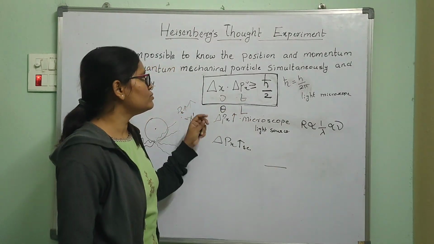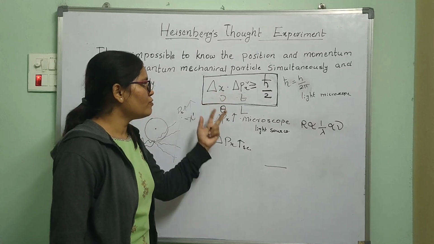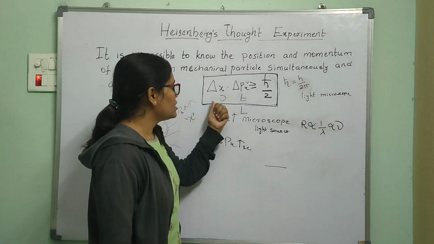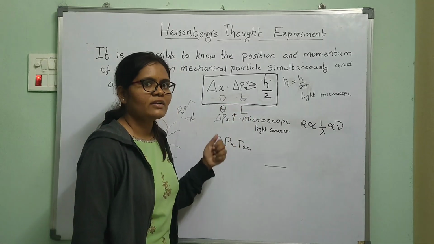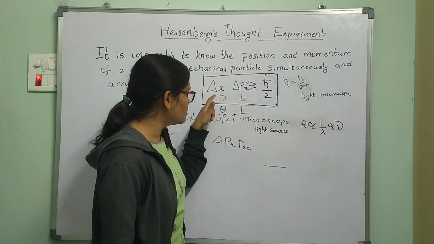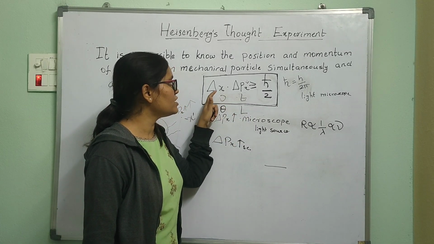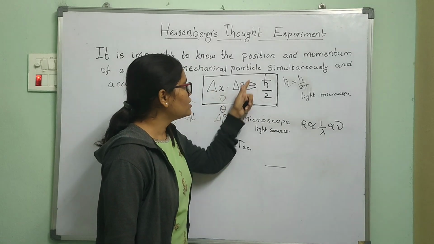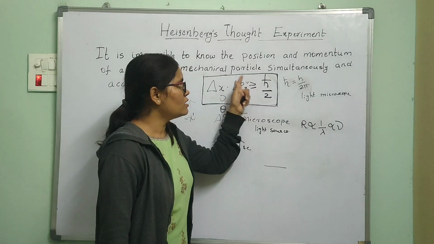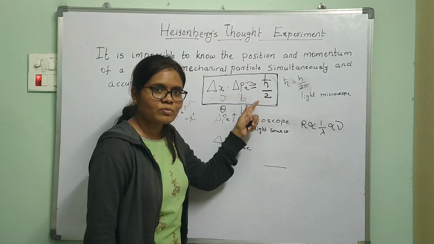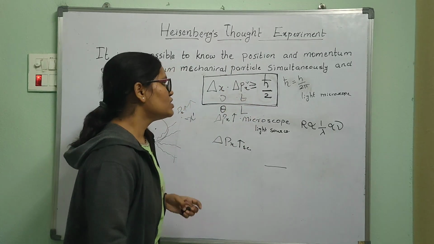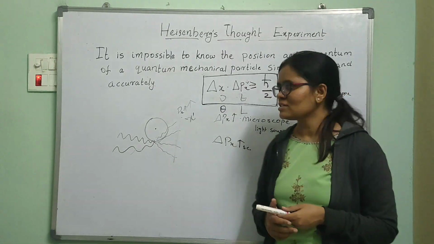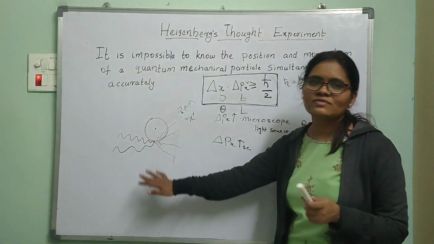So whenever you try to measure these pair of properties simultaneously, there will always be some uncertainty in each of them. Okay, and whenever you try to particularly focus on measuring one property with 100% accuracy, then you end up increasing the uncertainty in the other property to infinity.